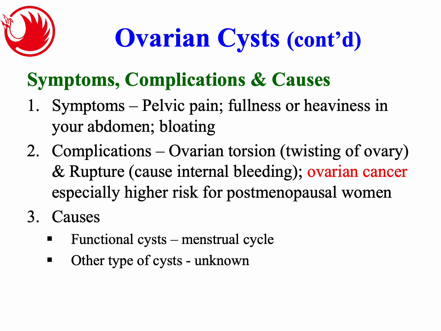A complication of ovarian cysts is ovarian torsion, which means the twisting of the ovary, which can cut off its blood supply and cause severe pain.